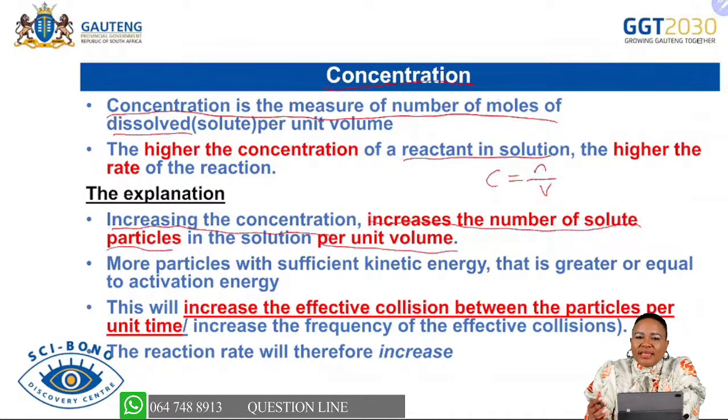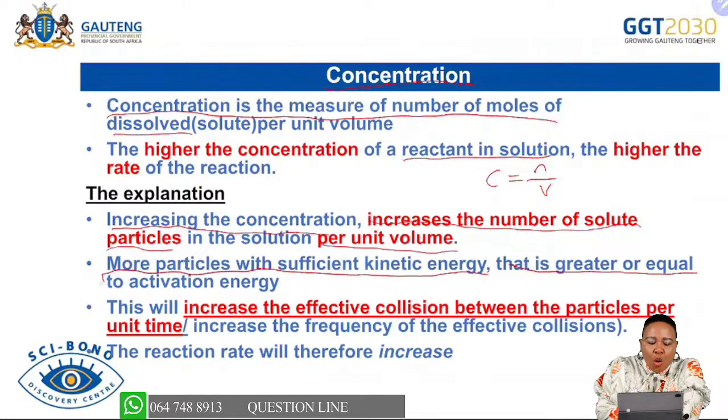So when you increase concentration, you are increasing the number of particles per unit volume, and there will be more particles with sufficient kinetic energy that is greater than or equal to activation energy, and there will be more effective collisions per unit time. That means there will be an increase in effective collisions between particles per unit time, and therefore the reaction rate will increase.